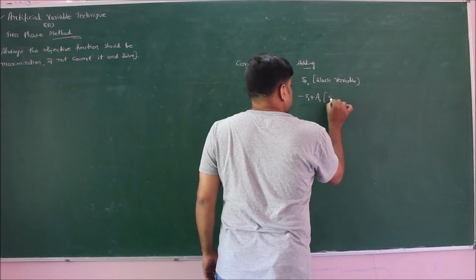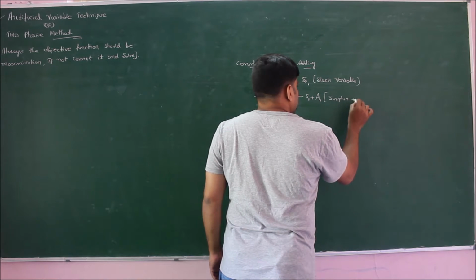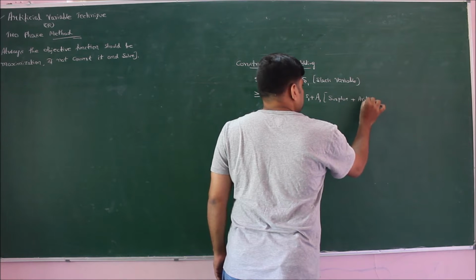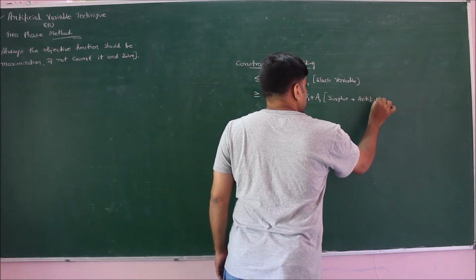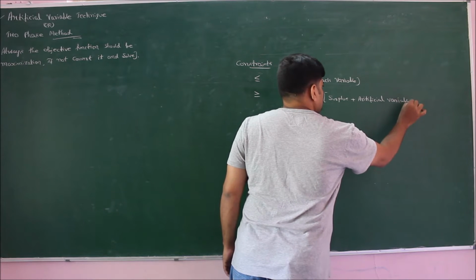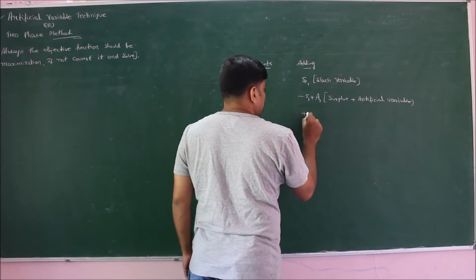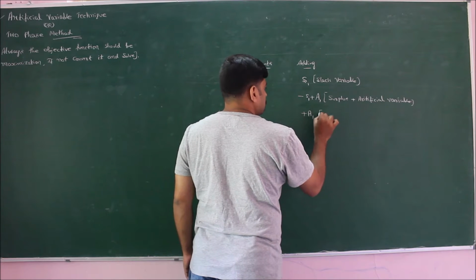So therefore, we should always introduce artificial variable along with the surplus variable. That is, we should use surplus plus artificial variables. Whereas if you have equal to sign, you should add only artificial variable.